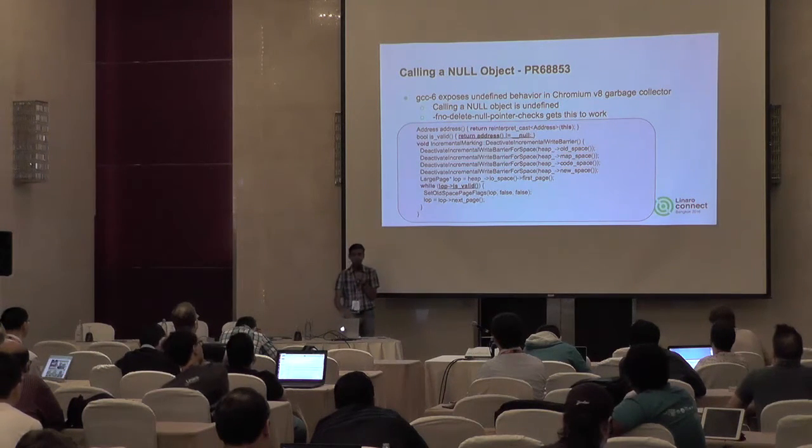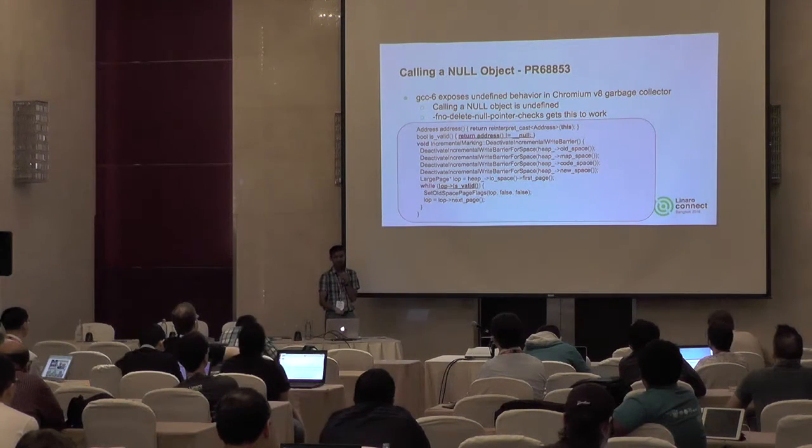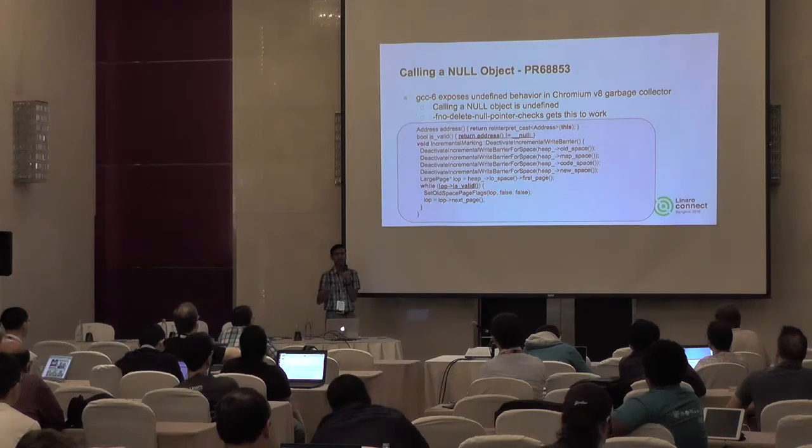But since you are calling a method of that object, the compiler assumes that this pointer cannot be null and returns true all the time. So this actually causes the V8 garbage collector to crash when the object is null.